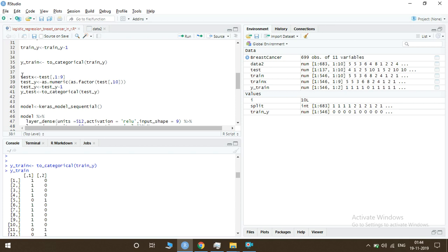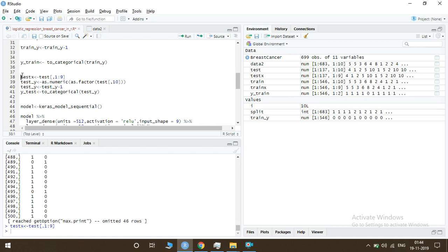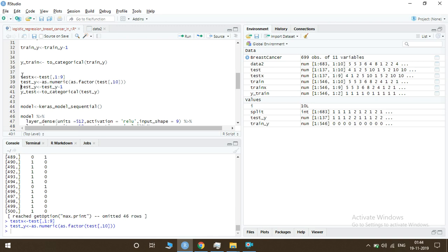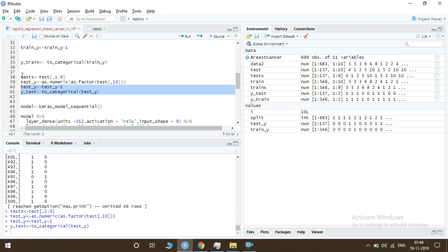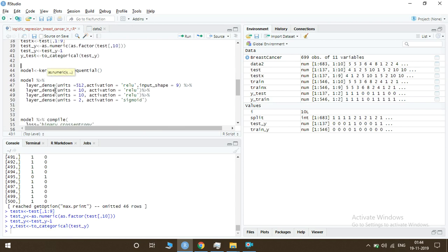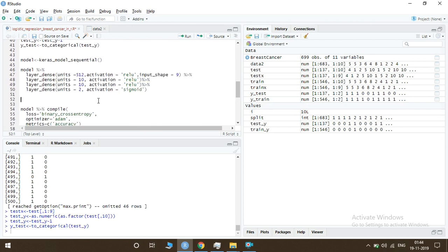Same goes for the test data set. So our input to the model would be 1 to 9. Then again, just for a double check, this is test y equals test y minus 1 and to categorical. Okay, now this is the most important part of our deep learning model.